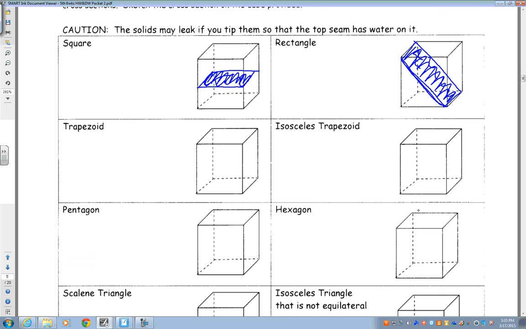All right, now we want to cut it so that we would have a trapezoid. We want the trapezoid. So think about it. It's kind of similar to this rectangle. Whatever we're drawing, wherever we're making our cut, we're basically drawing the cross section inside the cube, because that's what we're going to see the way we cut it.